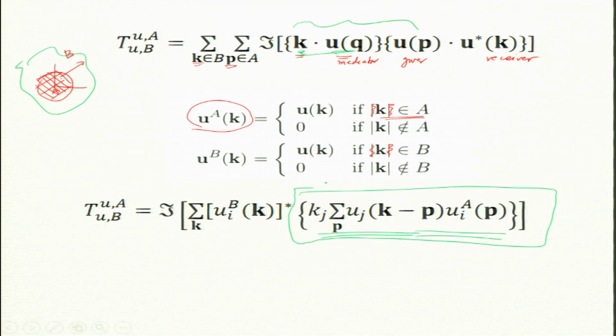In terms of what I described some time back, this is uj ui of k minus p, a nonlinear term, right, and kj, but it is not the full nonlinear term constructed with the full velocity field. The nonlinear term constructed with uA is exactly the same, it is u dot grad u, but this u is uA.